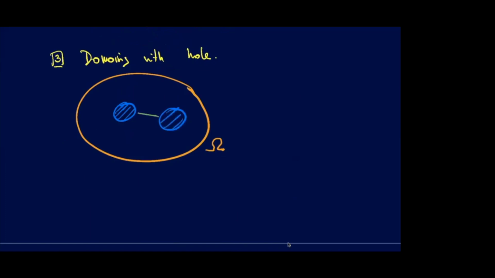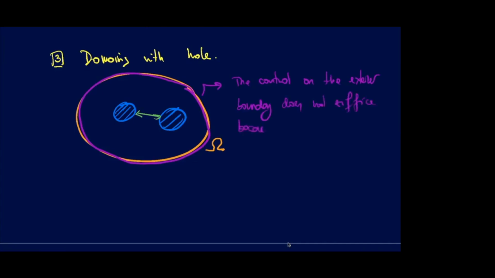There could be a ray trapped, so that the control on the exterior boundary does not suffice because of the ray trapped within the two obstacles.